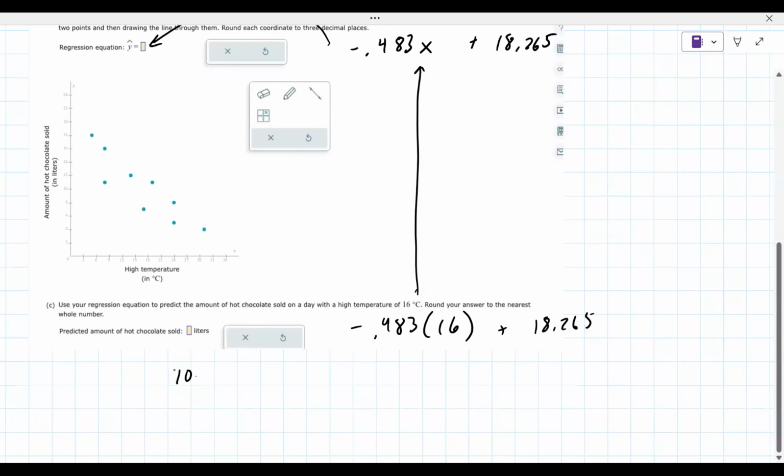Nearest whole number, so to round, I guess, 11. All right, I think that's everything for that problem. Go ahead and share your screen whenever you're ready, and we'll keep working at it.